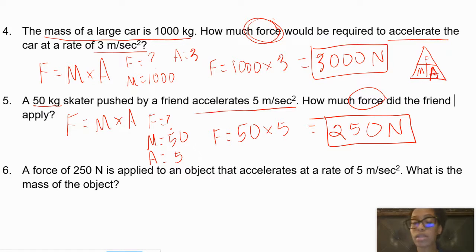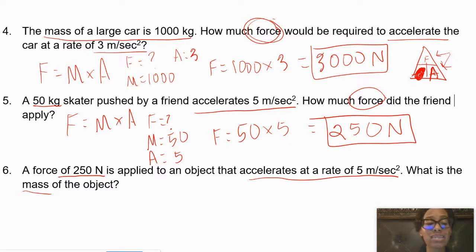Okay. And then for number 6, a force of 250 newtons is applied to an object that accelerates at a rate of 5 meters per second squared. What is the object's mass? Well, if I scratch out mass right here, I know that I need to do F over A. Okay, so I'm solving for mass now.